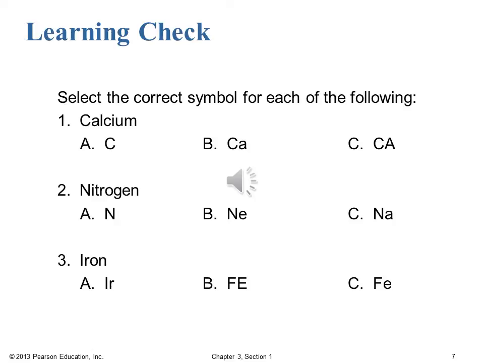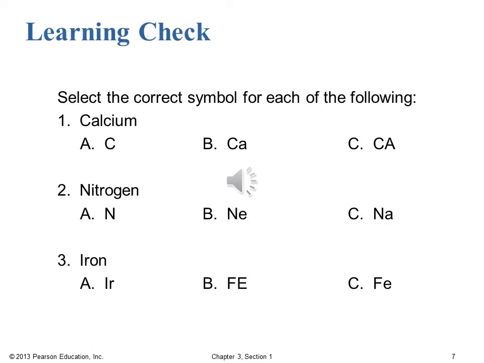Okay, so let's pause a moment to take some time for a learning check, see how this is going with our symbols and names. For these 3 questions, we'll be selecting the correct symbol for each of the following elements. So number 1 is calcium, and is its correct symbol A, C, B, capital C, lowercase a, or C, capital C, capital A. For number 2, nitrogen, is its symbol A, capital N, B, capital N, lowercase e, or C, capital N, lowercase a.